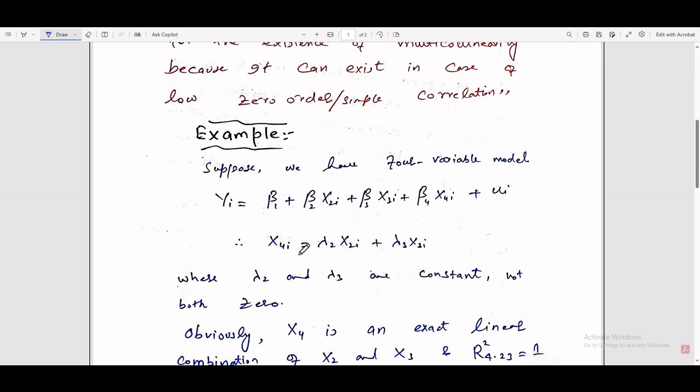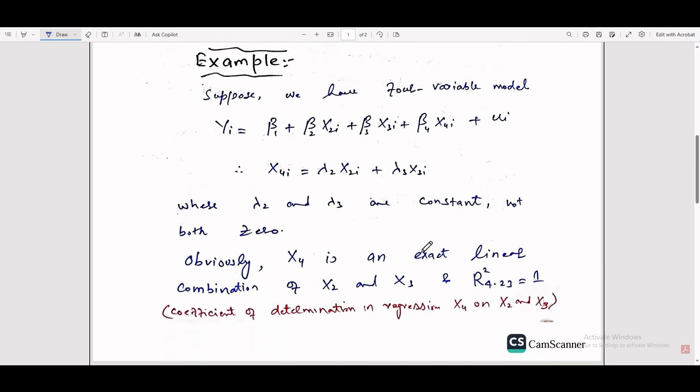In such a case, suppose x4 is equal to lambda 2 x2i plus lambda 3 x3i, where lambda 2 and lambda 3 are constants but not 0. So the independent variable x4 has a relationship with x3 and x2.